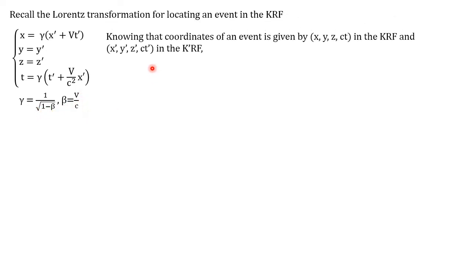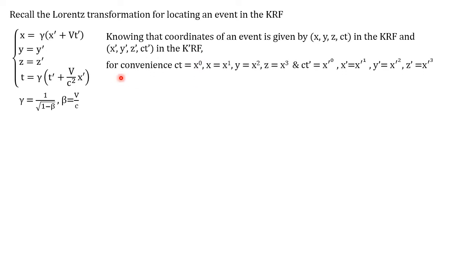Knowing that the coordinates of an event are given by x, y, z, ct in the K reference frame and x prime, y prime, z prime, ct prime in the K prime reference frame, for convenience, ct equals x0, x equals x1, y equals x2, z equals x3, and ct prime equals x prime 0, x prime equals x prime 1, y prime equals x prime 2, and z prime equals x prime 3.